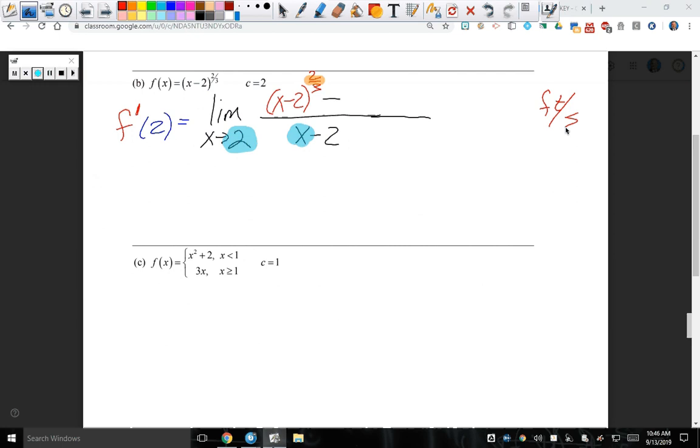So we're looking for what is f of 2. So that means I'm going to plug this 2 right here. And what do I get? I get 0. Okay? So this will be (x minus 2) to the 2/3 over x minus 2. And we're approaching.